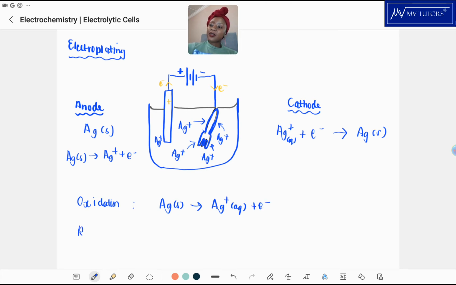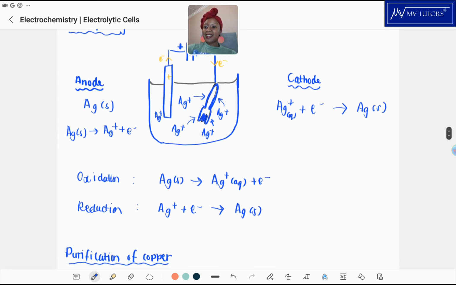And on the reduction side, those ions come to the cathode, take up electrons, and then you have your silver solid that is busy electroplating your cutlery or whatever it is that you want to electroplate.